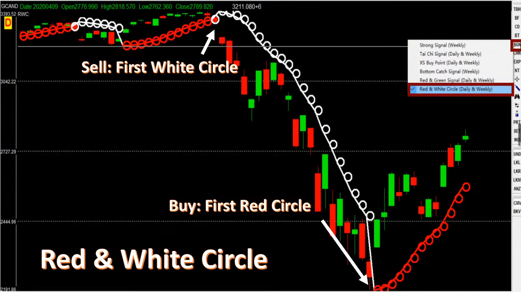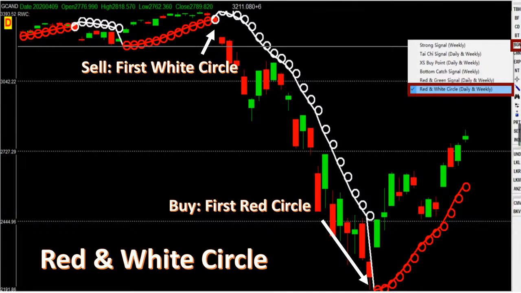This is how the red and white circle looks, and it is under the signal group. There are many signals under the signal group, and signals give you buy and sell signals, and some give you a top alert or bottom alert.